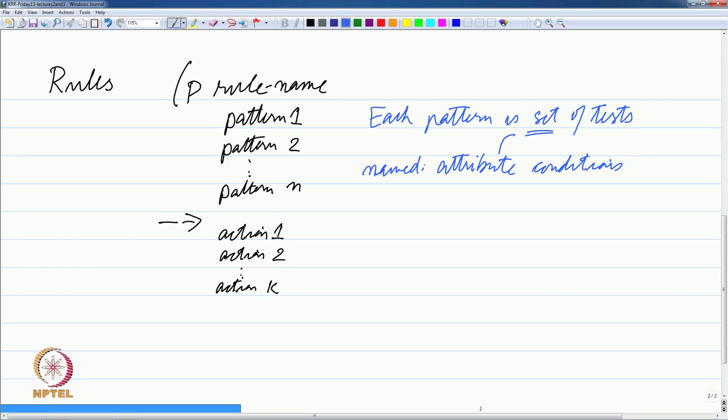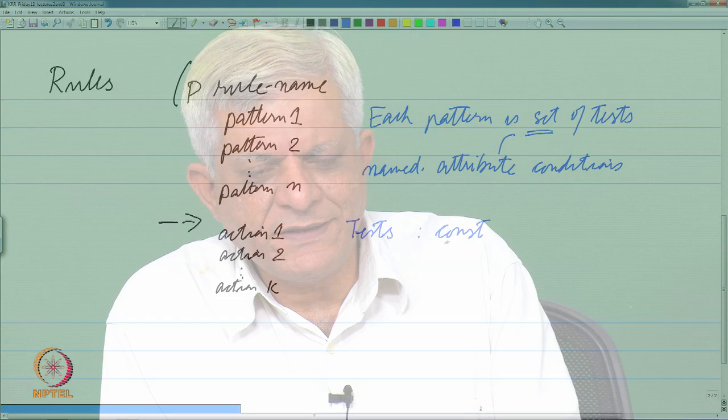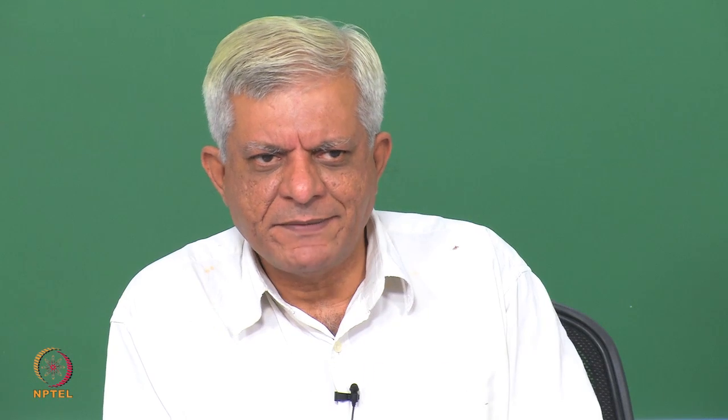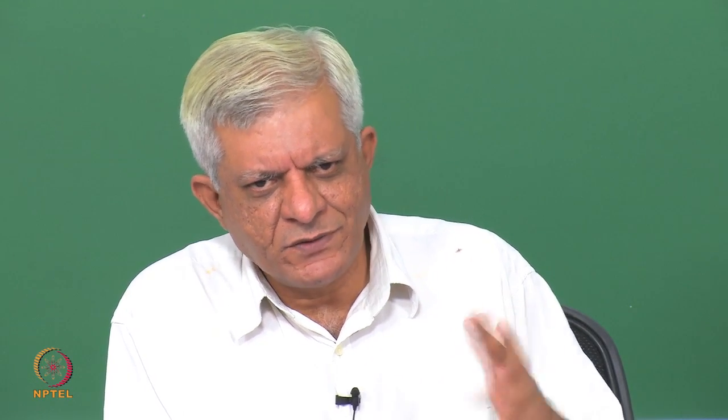So, what are the kind of tests that we can do? We can test for constants. So, you can compare this with the unification algorithm essentially. Here in this case you are matching a pattern with a working memory element. In unification you were matching two formulas.